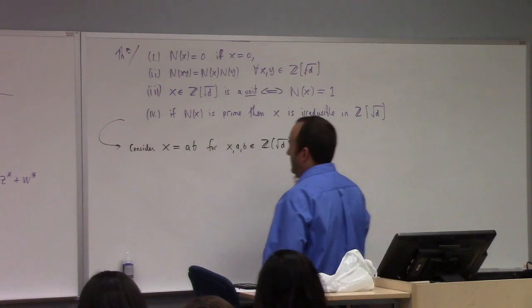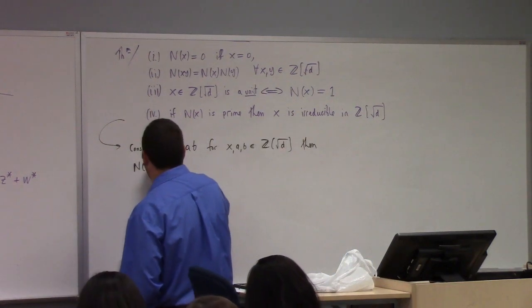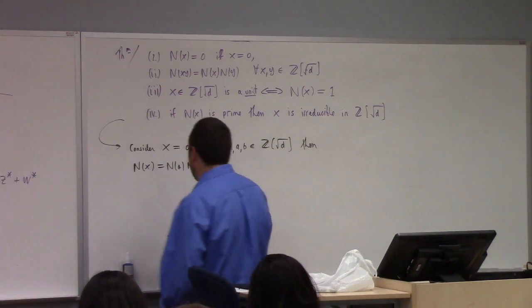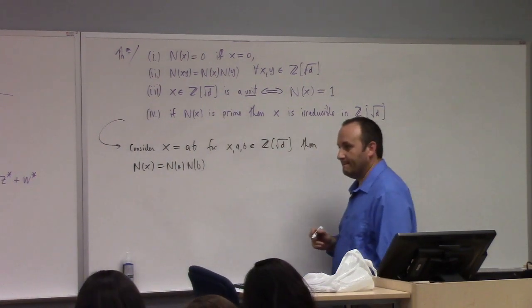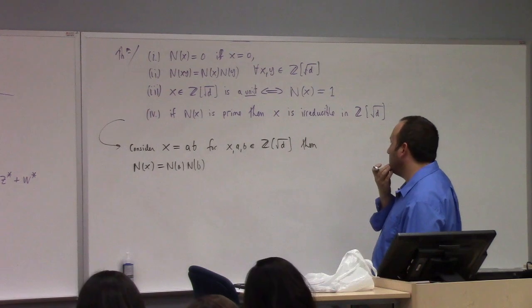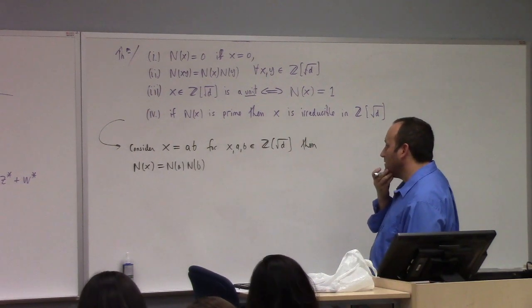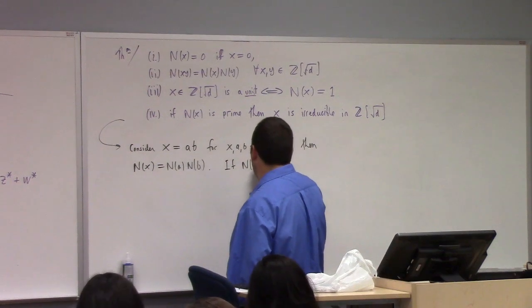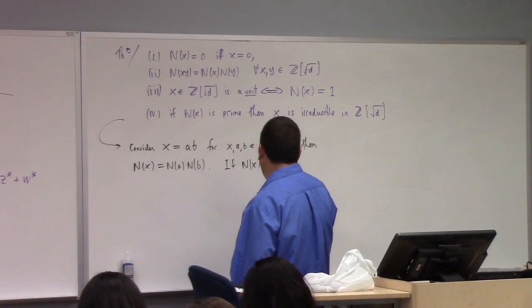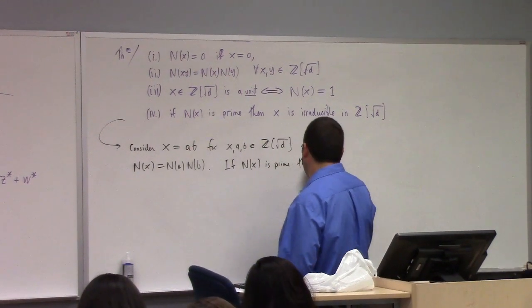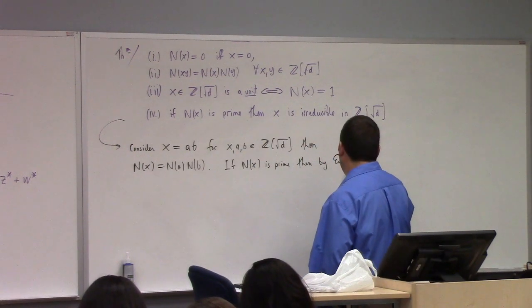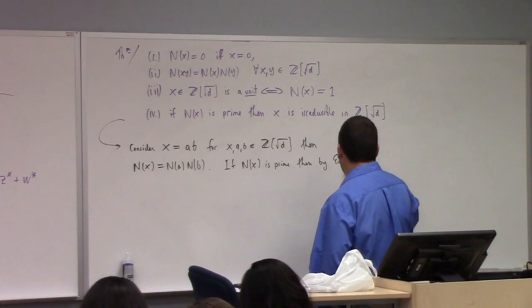Then the norm of x is equal to the norm of a times the norm of b, right? If N of x is prime, then by Euclid's lemma, right?